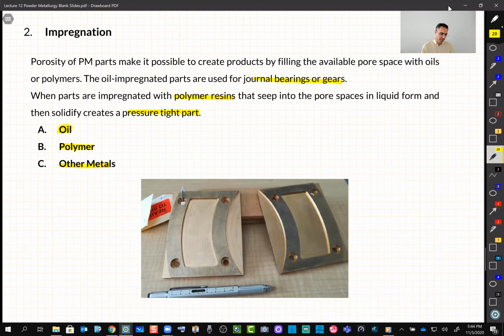Other metals involve their own process, but they usually try to do it in the powder stage. Again, take the example of titanium and gold: you add gold powder mixed with titanium. When you put it into a furnace, the lower temperature metal is going to melt and fill up all the gaps.